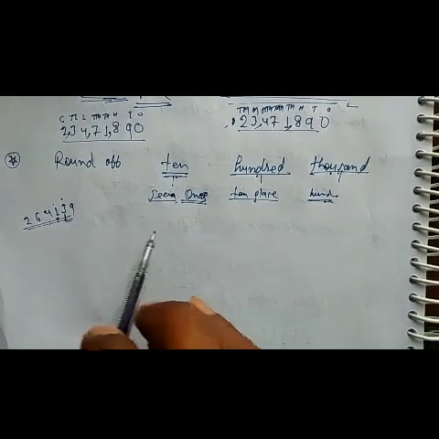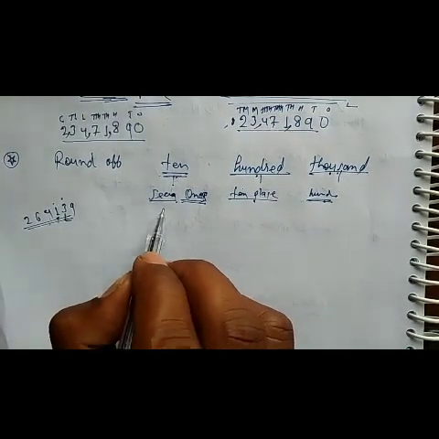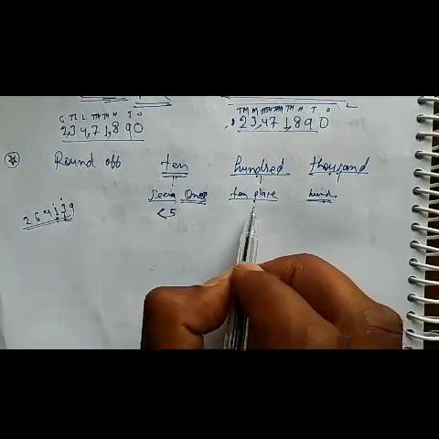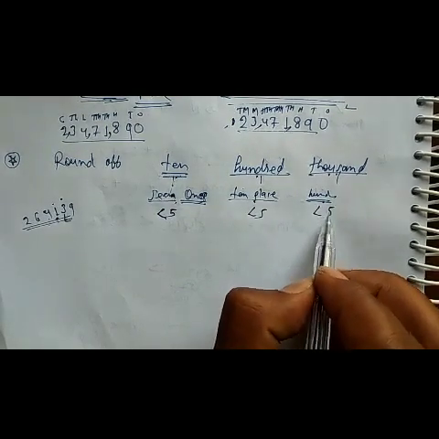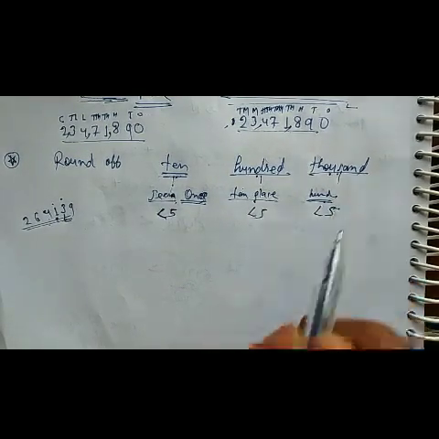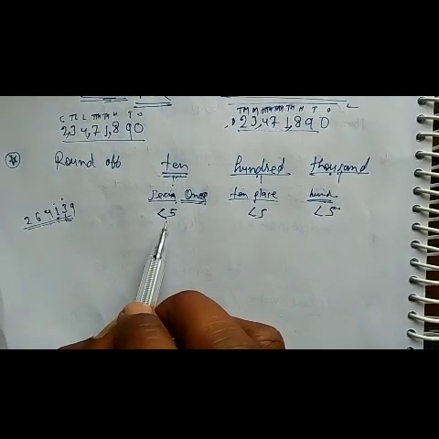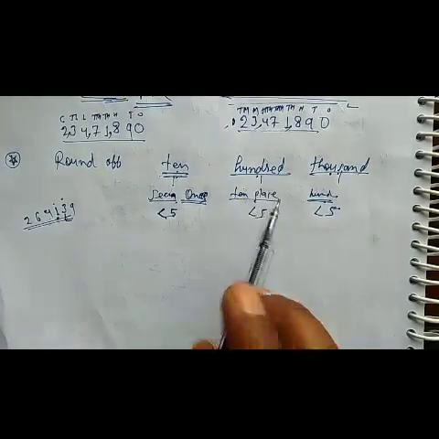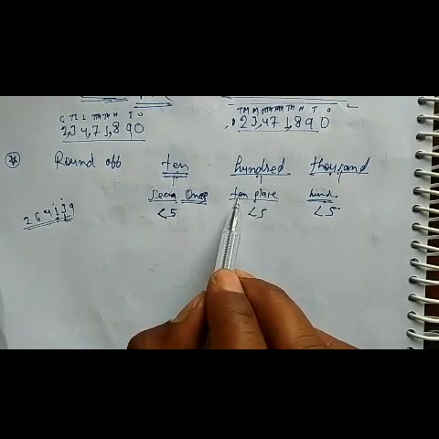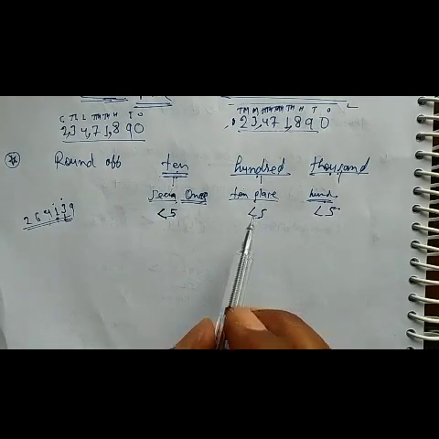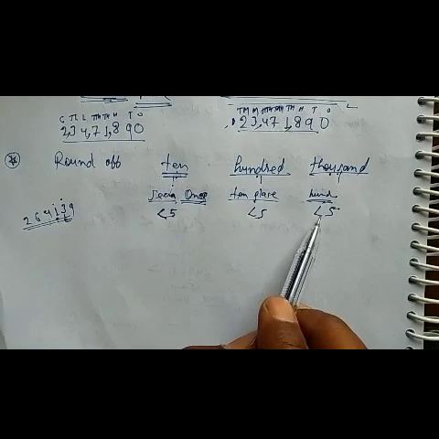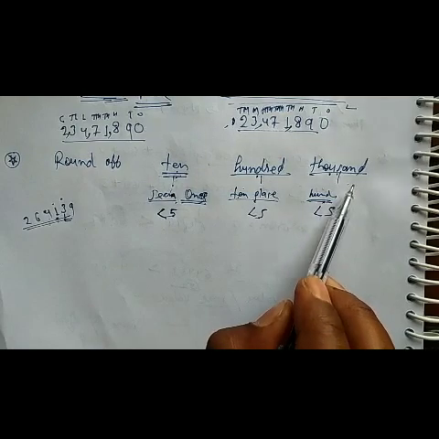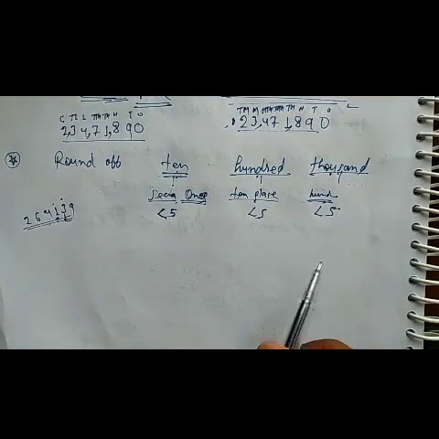If the digit is less than 5, the ones place, tens place or hundreds place, then the digit in the next place will not be changed, and the ones place will be 0, or the tens and ones places will be replaced by 0 0, or the hundreds, tens and ones places will be 0 0 0.